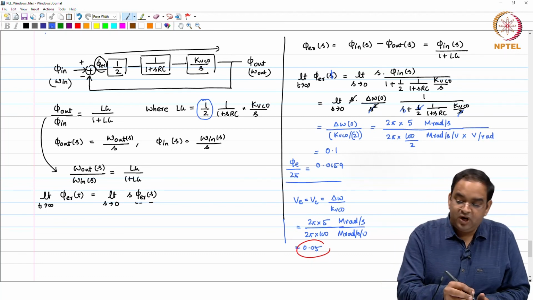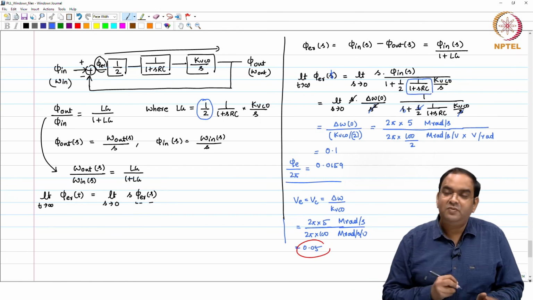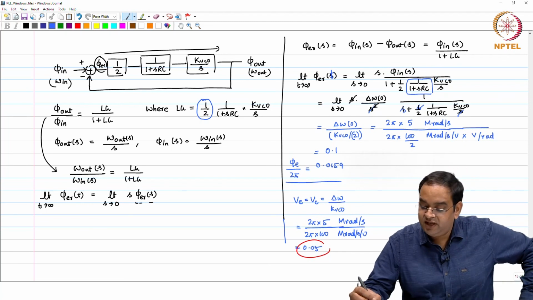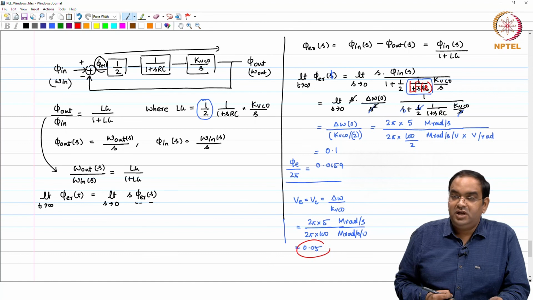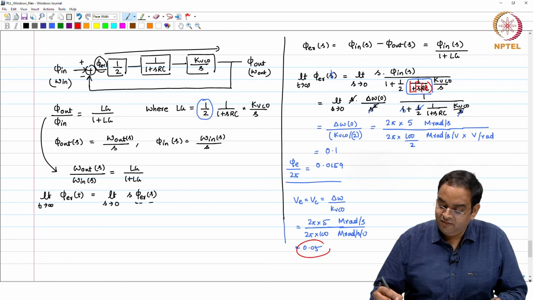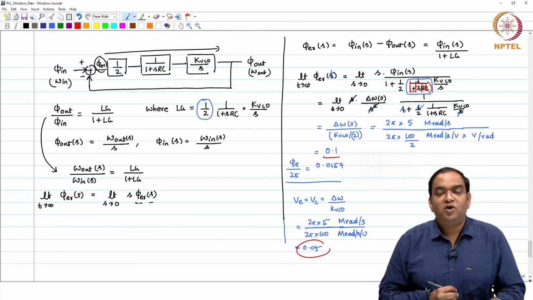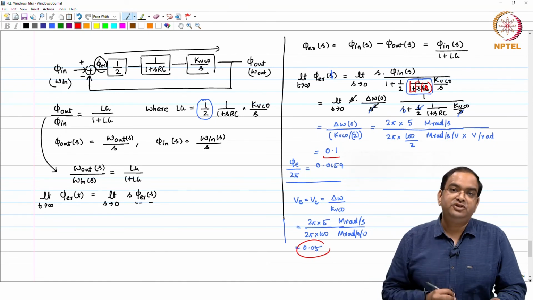Other important thing here is the loop filter. This is sitting here as 1 by 1 plus SRC. If in place of this loop filter 1 by 1 plus SRC, I say it has some transfer function LF of S, then you will think that the final value of the error voltage which I am going to have actually depends on the loop filter DC component, because what we substituted here, we substituted S as 0.